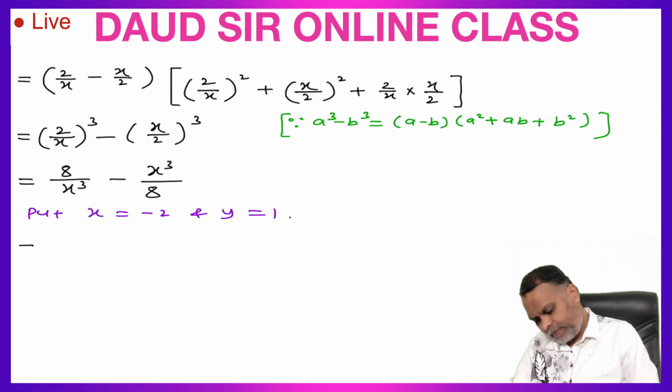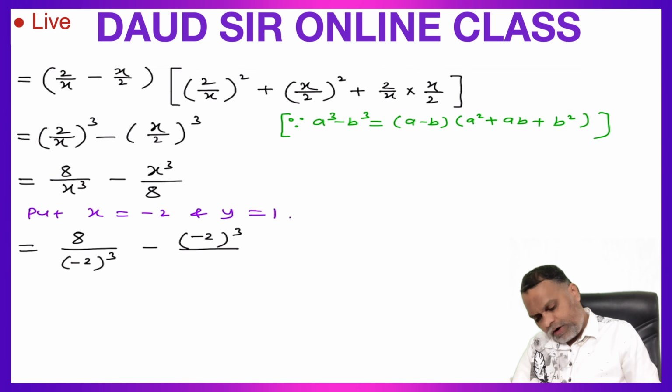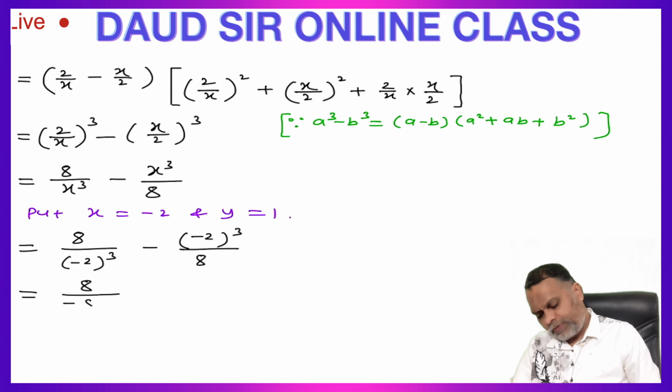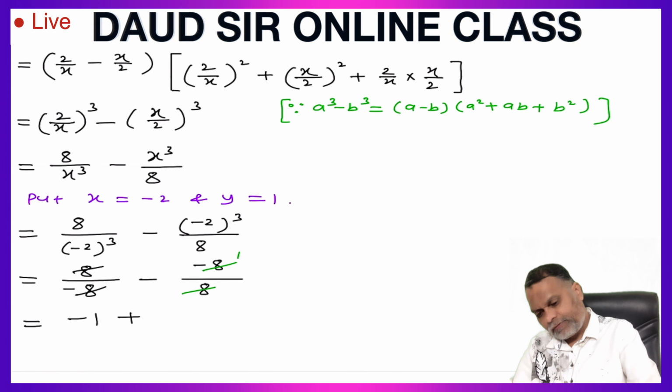So substitute this. 8 upon x is equal to minus 2 whole cube minus, here no y, so put the value of x minus 2 cube upon 8, which is equal to 8 upon minus 8 minus minus 8 upon 8, which is equal to 8 cancelled, minus 1, this minus minus plus, and this 8 also cancelled one time, so minus minus plus 1.